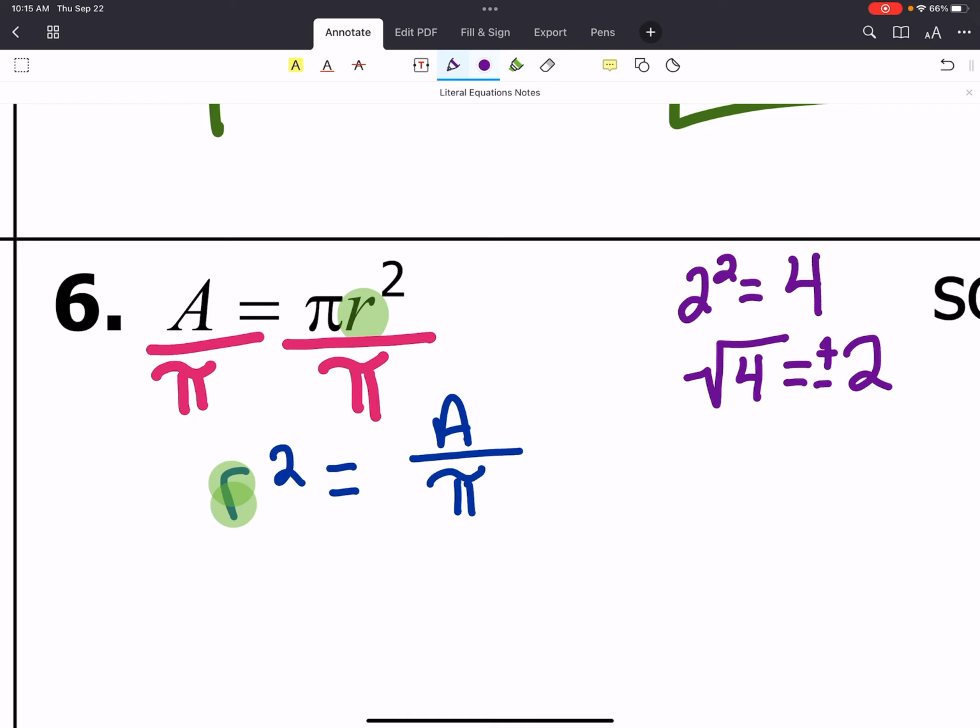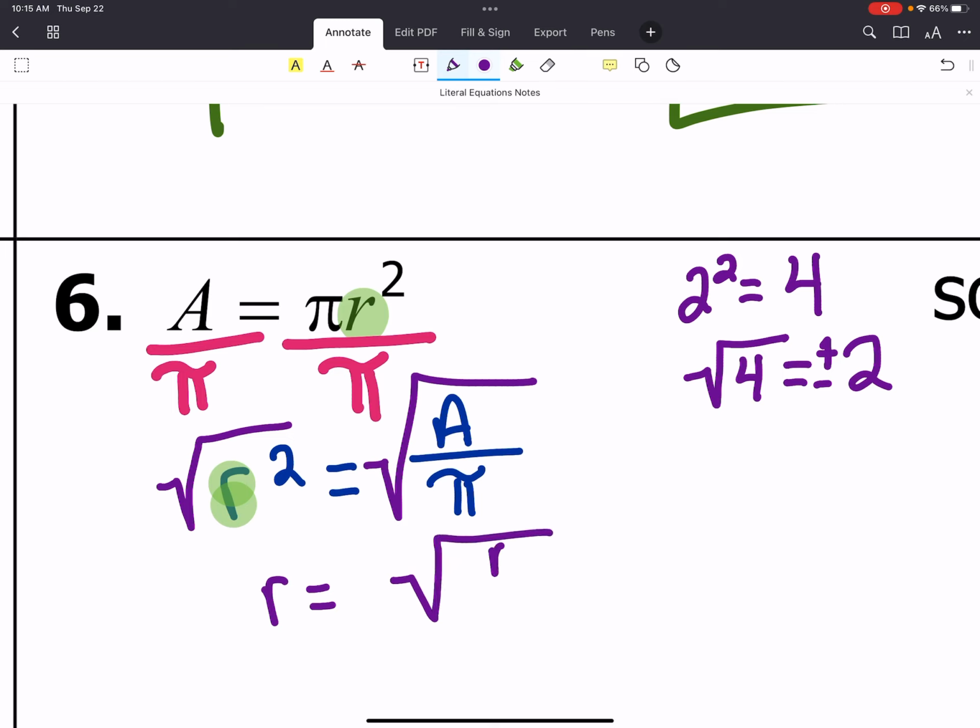So we're going to do the same thing down here with this R. I'm going to take the square root of each side. So I have R equals the square root of A over pi. Remember, square roots can be plus or minus, because when we square a negative, we get a positive. So I have to put the plus or minus in front.